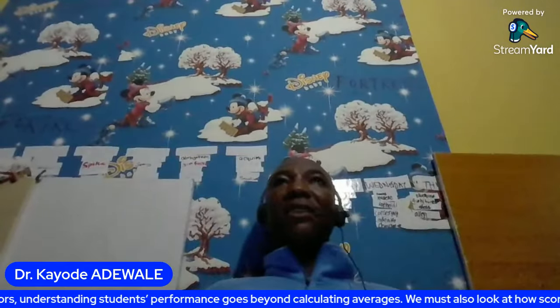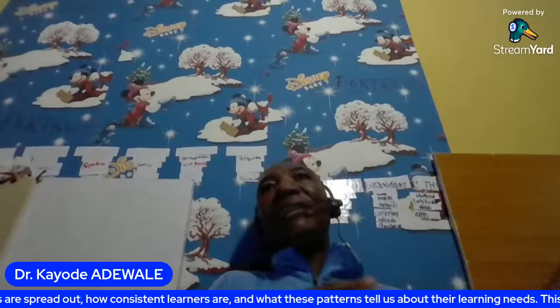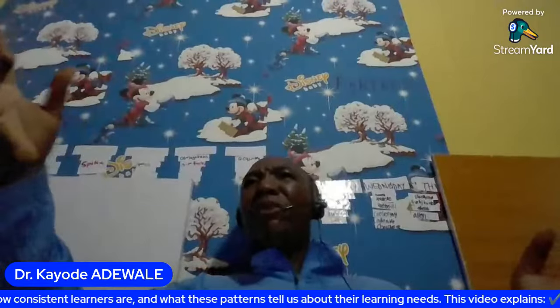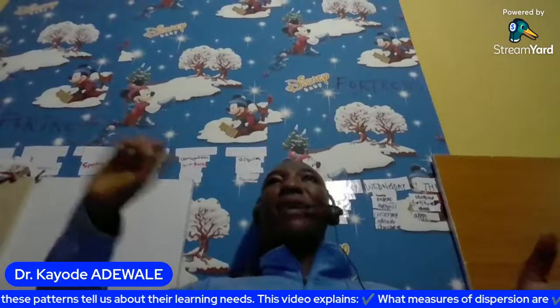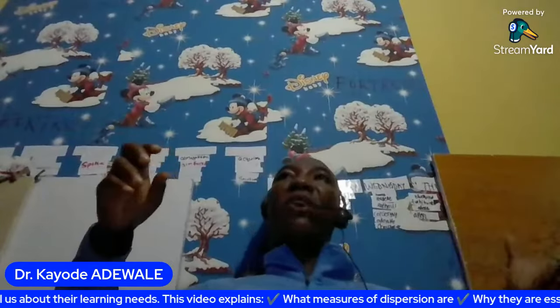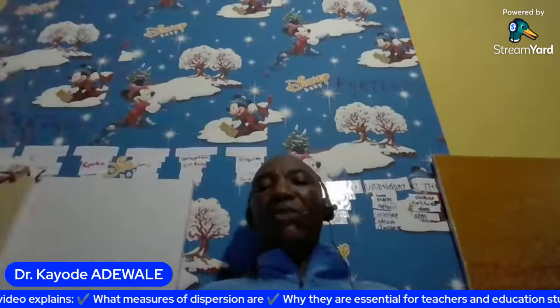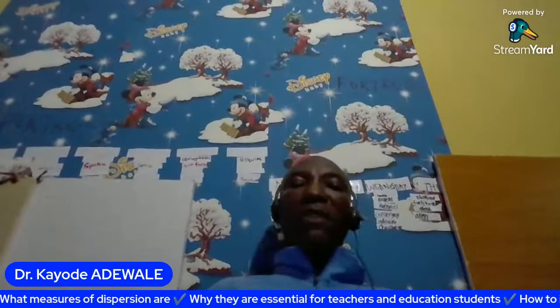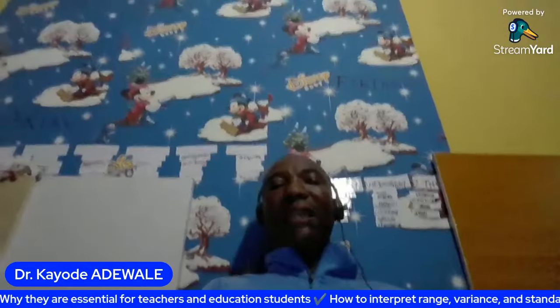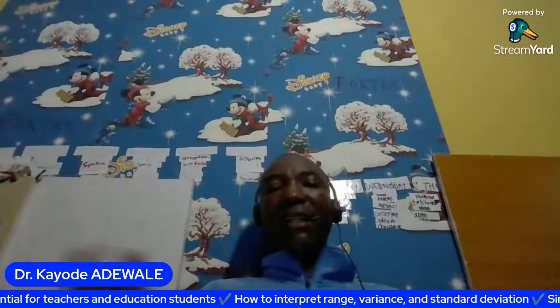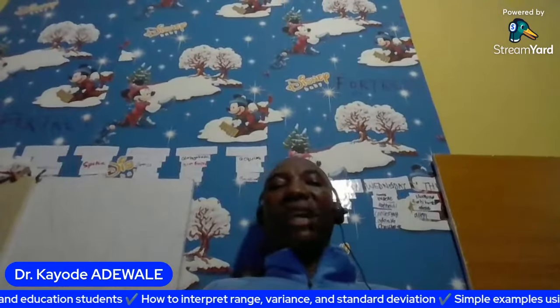It shows that those that got low marks are not keeping up with the class, while some of the students that got high marks probably have prior knowledge somewhere, or have something that makes them go ahead of the other students. So number four is that it's going to improve your decision making as an educator.